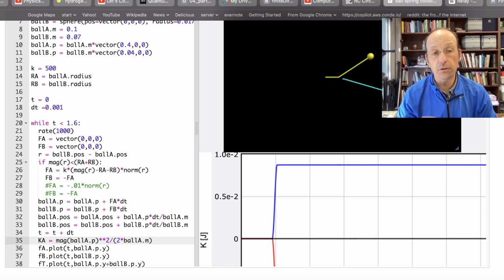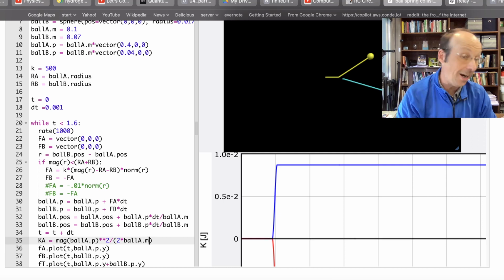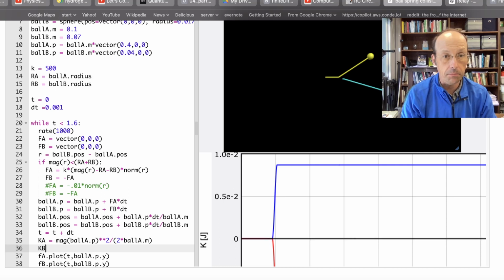The kinetic energy is P squared over 2M. I can't just say V squared or 1/2 mv squared because I never calculated V. I use momentum. So let's do the other one. KB equals mag ball B dot P squared divided by 2 times ball B dot M.